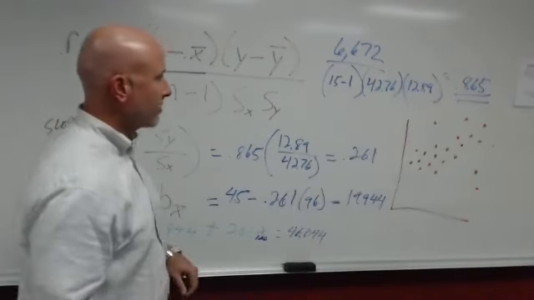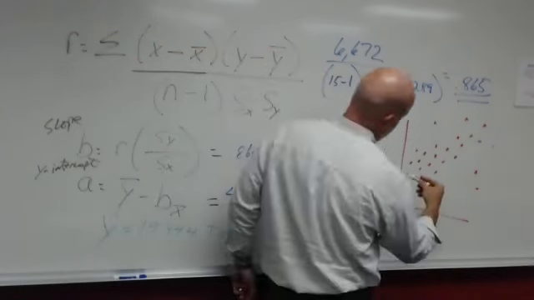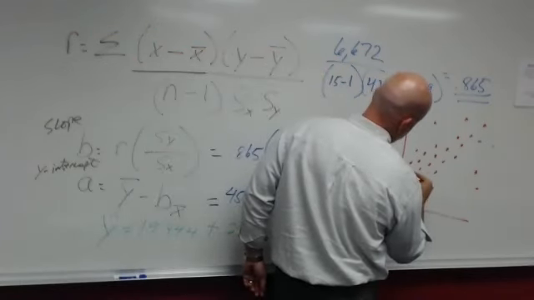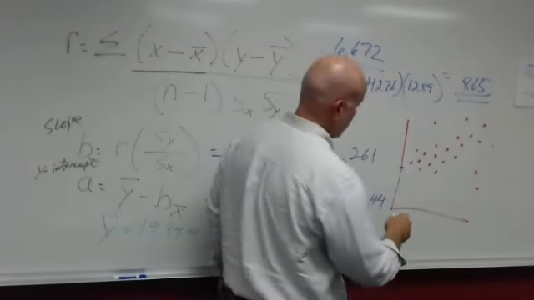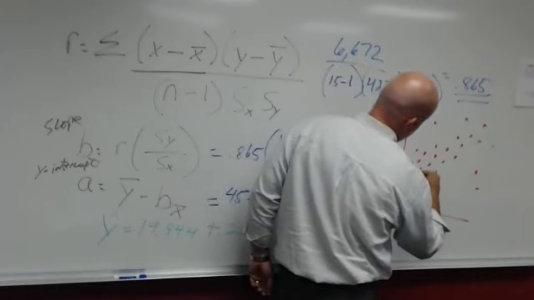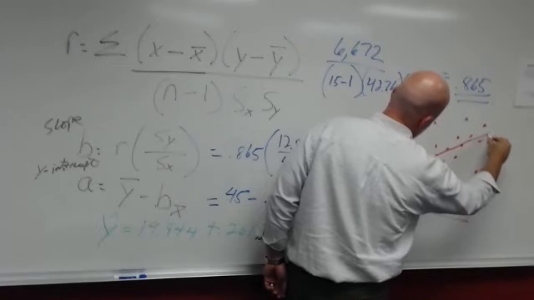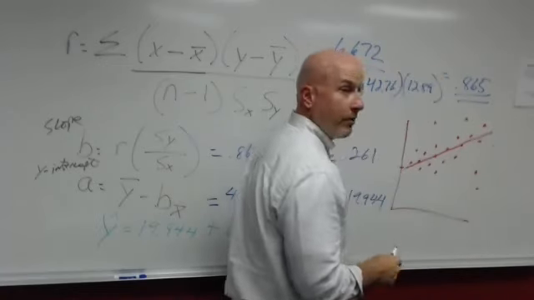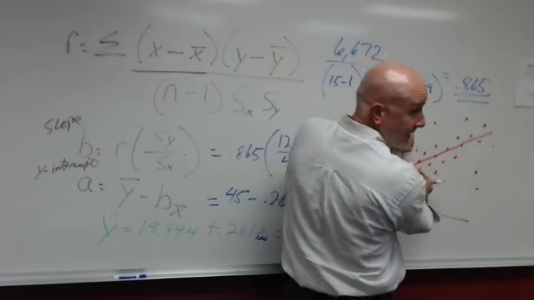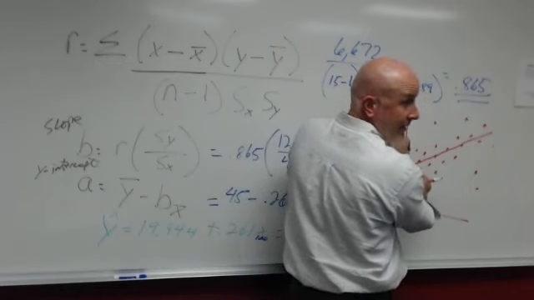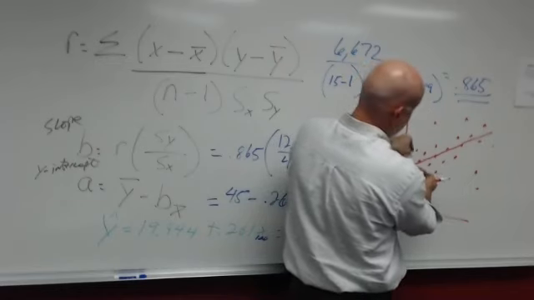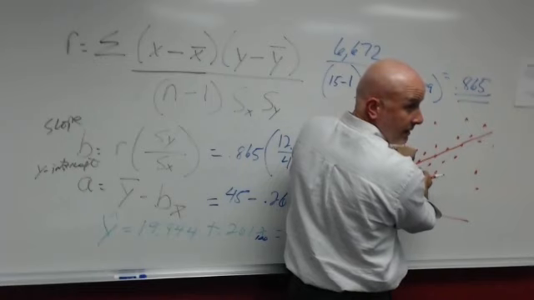The least squares principle is going to show us how to draw our graph in a way that will pass through this scatter diagram to the point where it is minimizing the distance from each data point to this regression line.